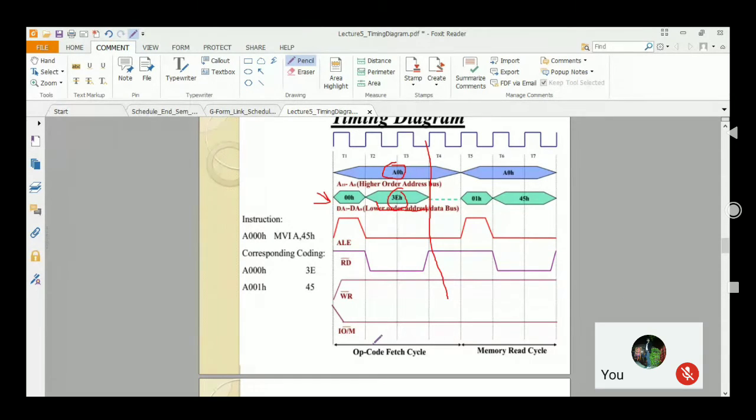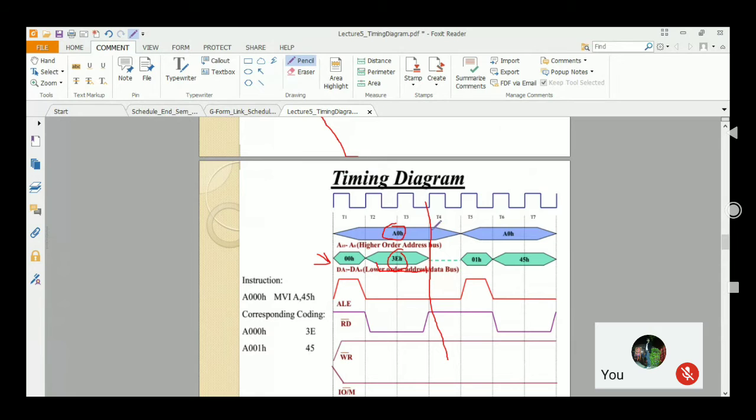But here I am only concerned with the memory unit, so it will always be low here. Only the memory concept is coming, so memory is always low, and reading is happening, so it is always low here. So this is the opcode phase.